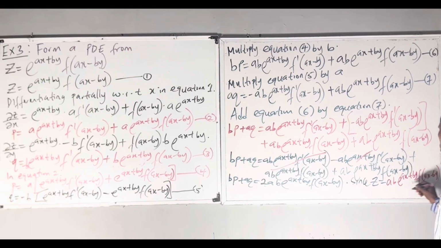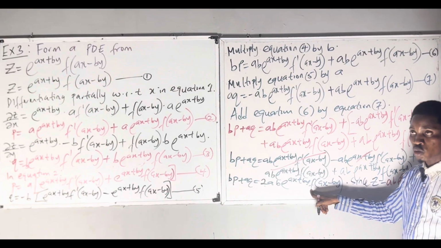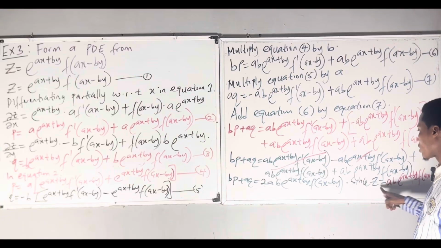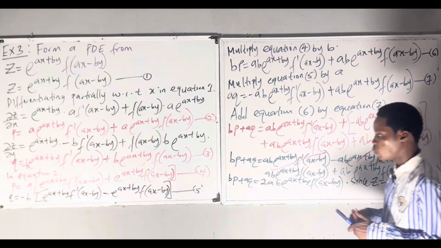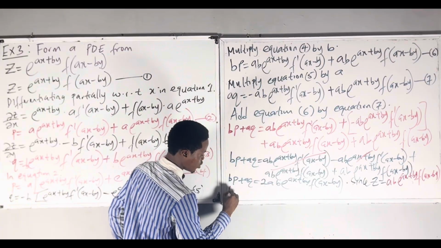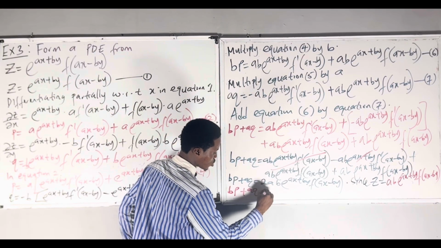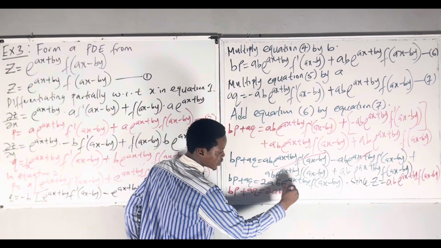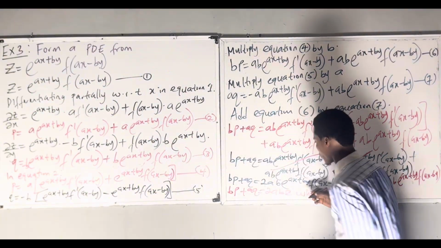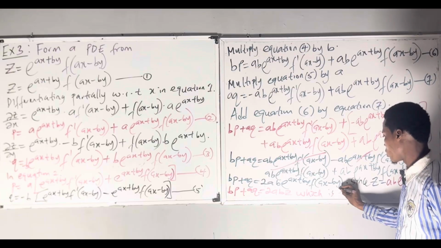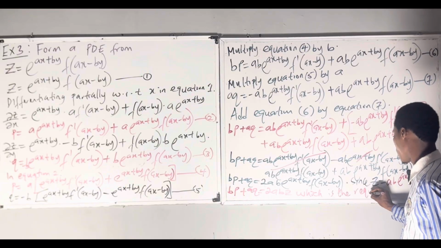So for us to eliminate that function, we are going to replace that with Z, because Z gives us all these things. So we are going to have BP plus AQ is equal to 2AB times Z, which is the required PDE.